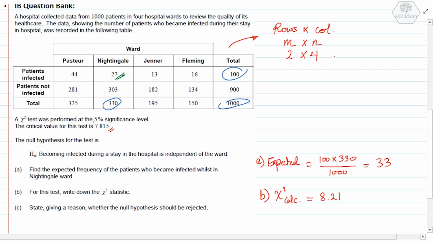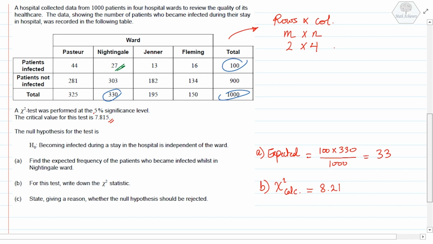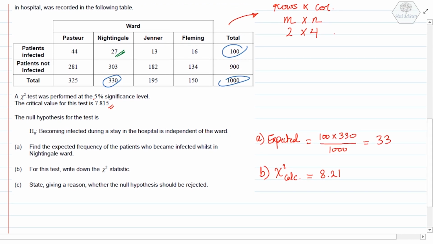Let's see part C. State, giving a reason, whether the null hypothesis should be rejected. I have the chi-squared calculated and the critical value. For part C, the chi-squared calculated is greater than the critical value, which is 7.815.